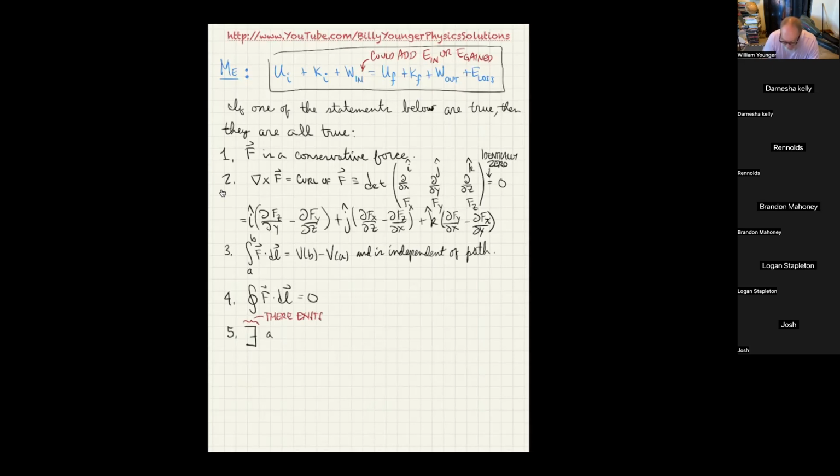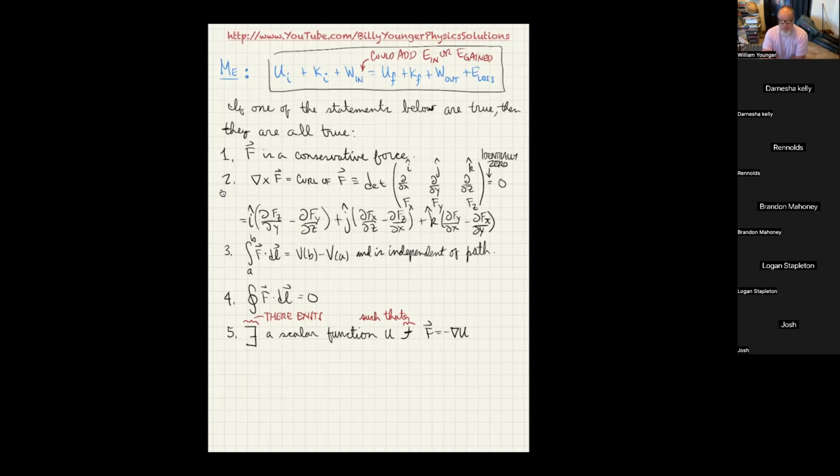There exists a scalar function U such that, and that's a fancy little mathematical symbol as well, this one means such that, F is equal to the negative gradient of U. In other words, we can work with the scalar function, this potential energy type function, which is not vectors, and therefore it's a lot easier.